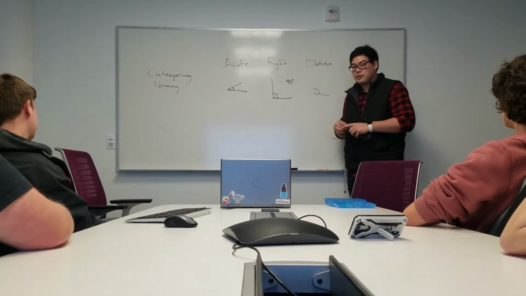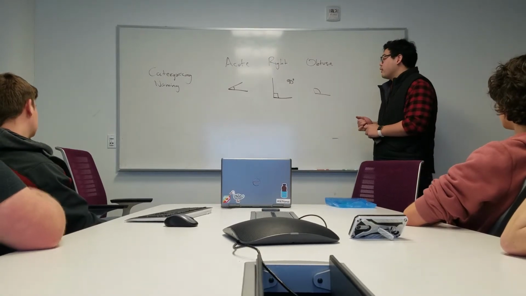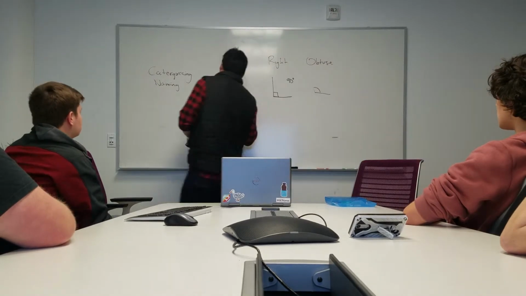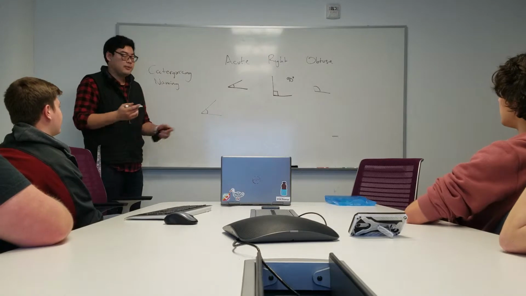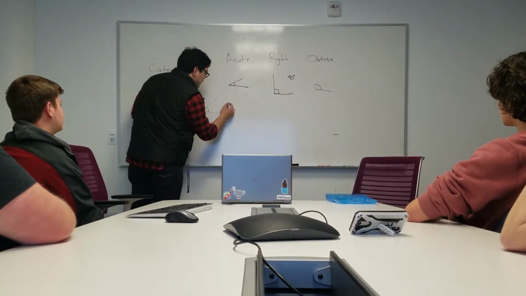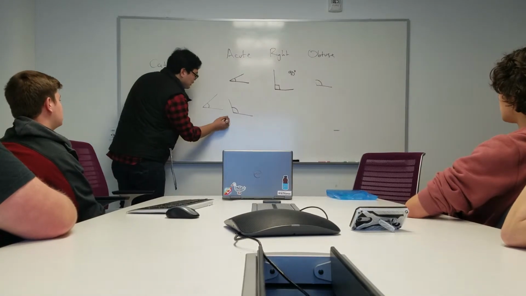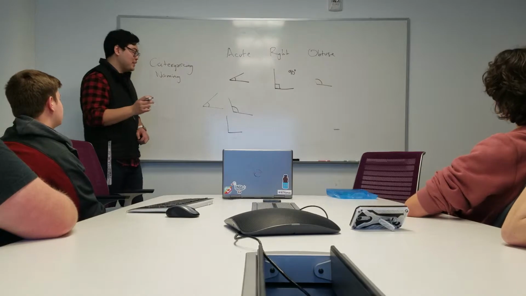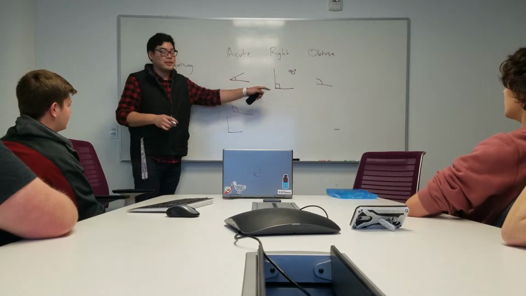Let's give you some practice categorizing angles. What would you call this angle? Acute, that's right. What about this angle right here? Obtuse. All right, what about this angle? Right? Not necessarily, because it doesn't have the box symbol.